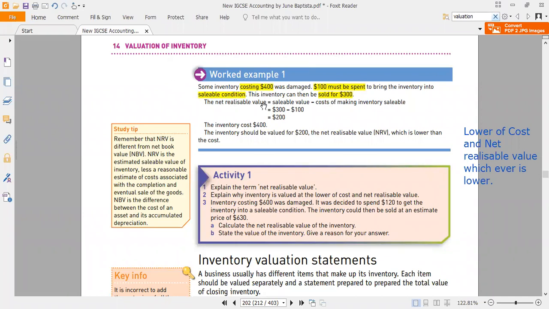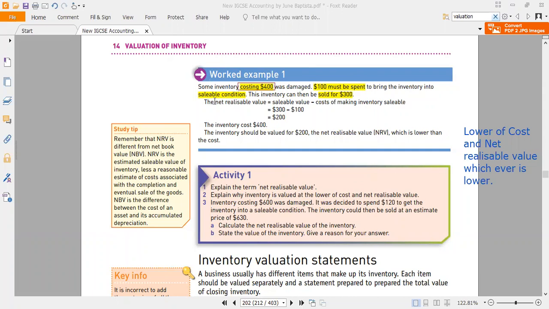Let me show you here. This is the cost, and now you have to calculate the realizable value. So 100 must be spent; how can we calculate realizable value?